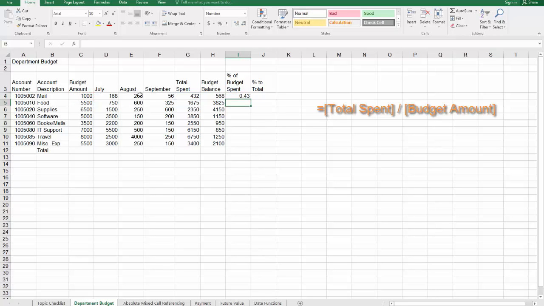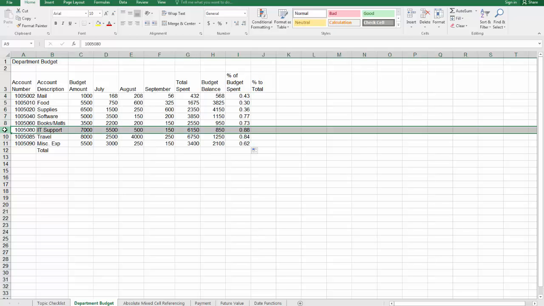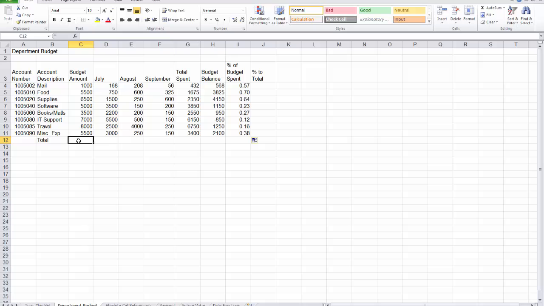So we can see that for the category mail, we have spent approximately 43% of our budget so far. I'm going to autofill that down. And if we take a look at another budget amount like IT support, we can see that we've spent approximately 88%.